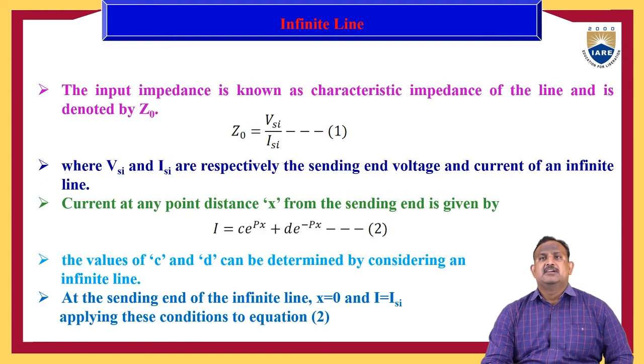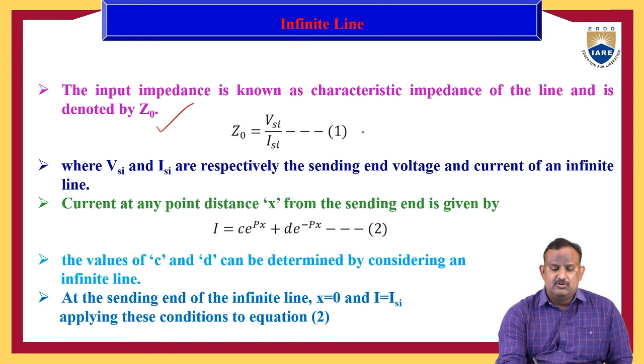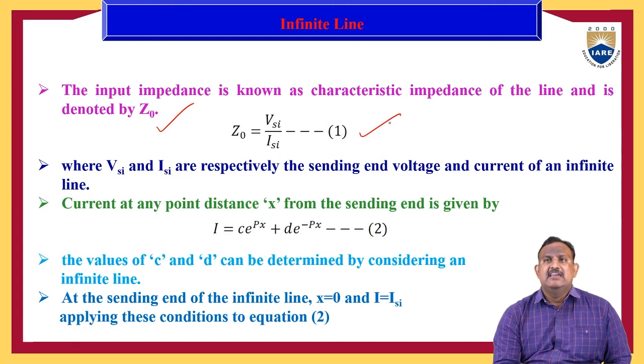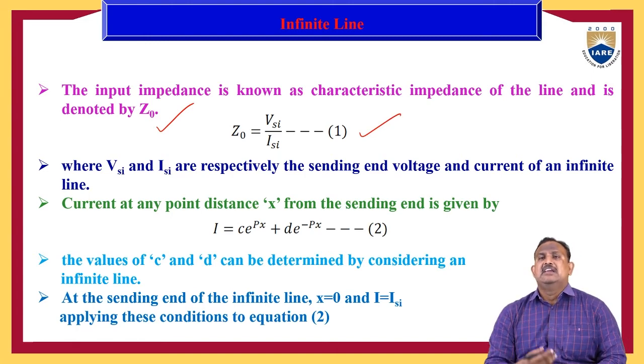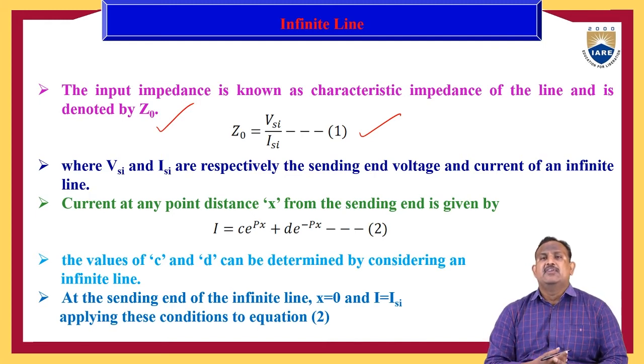Here the input impedance is known as the characteristic impedance of the line and is denoted by Z0. The characteristic impedance Z0 equals VSI by ISI, the sending end voltage to the sending end current, where VSI and ISI are respectively the sending end voltage and current of an infinite line.